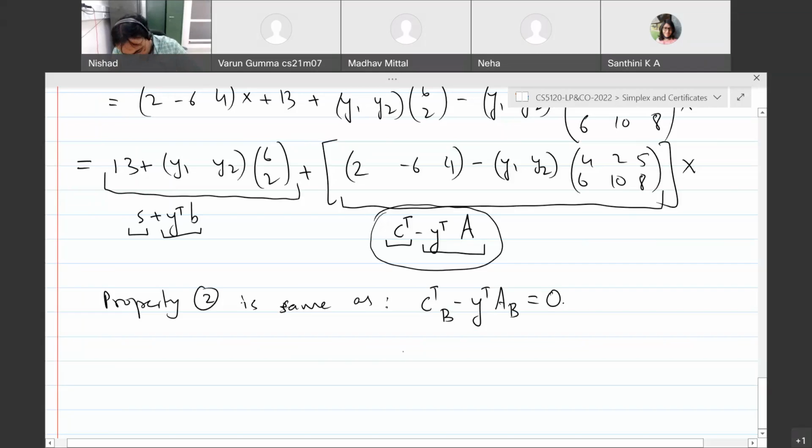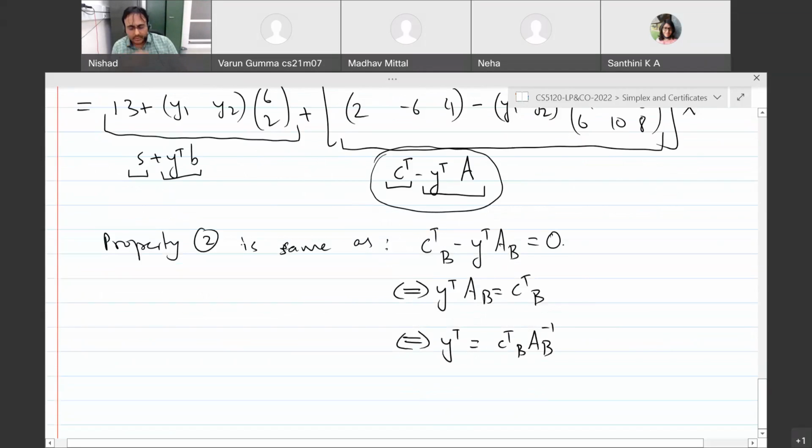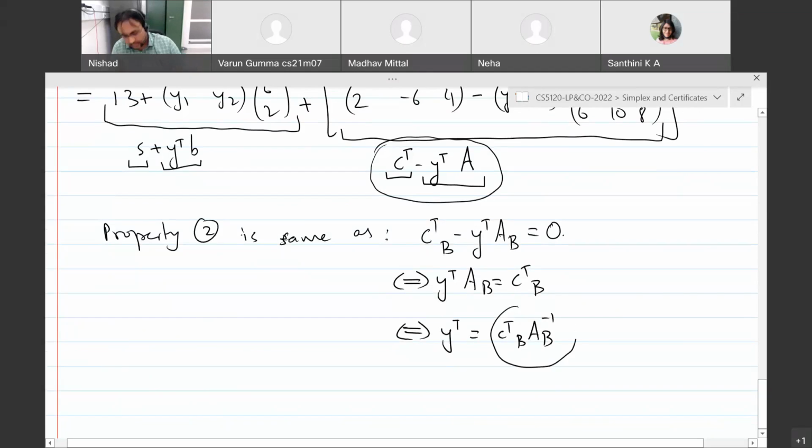What does this say? This is the same as saying that Y transpose AB is equal to C transpose B, which is the same as saying that Y transpose is C transpose B times AB inverse. So if I choose Y transpose to be this thing here, I will get zeros in all the basic entries in my objective function. Do you all agree?